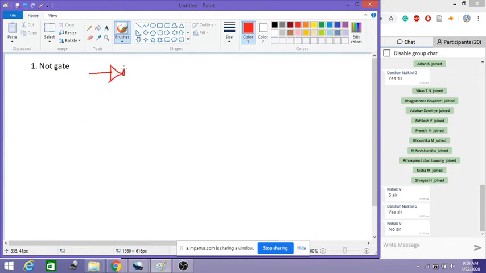If I give A, I get the complement of it, that is A bar. In the truth table, if the input is 0, the output is 1, and if I give 1 as input, I get 0. So this is our NOT gate.